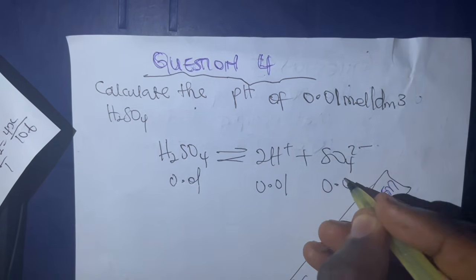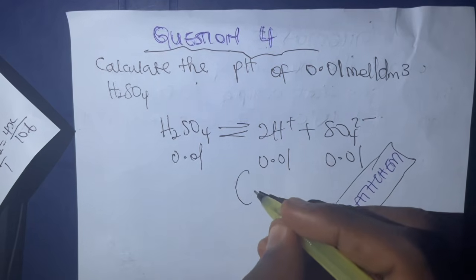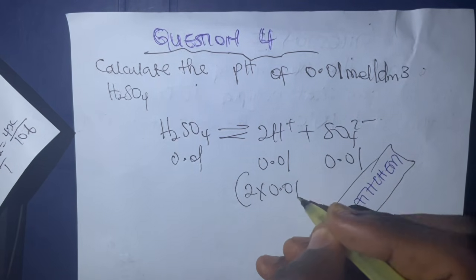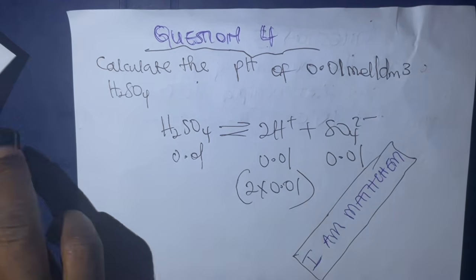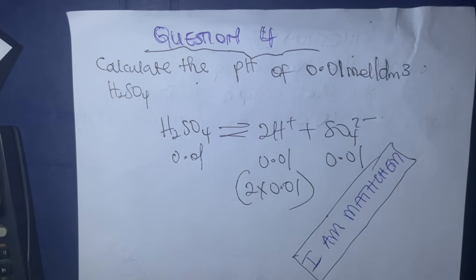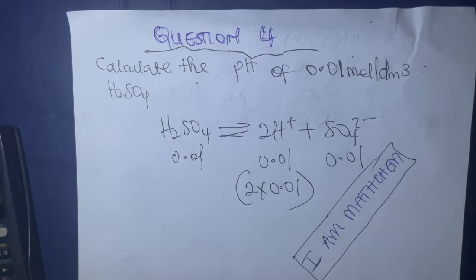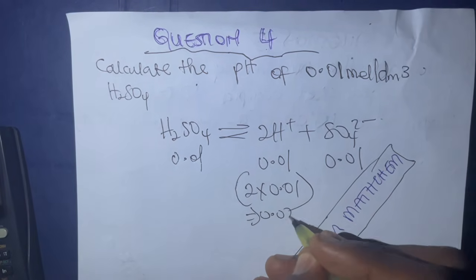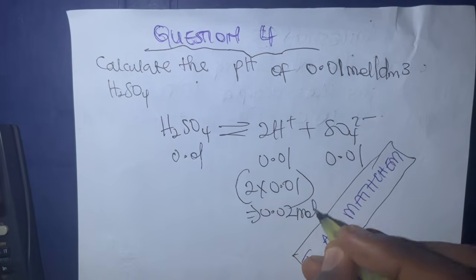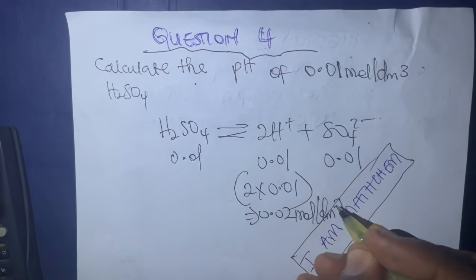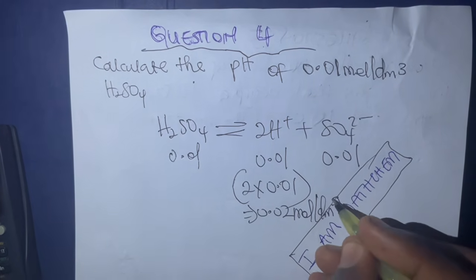So for the hydrogen, it is going to be 2 times 0.01, which is 0.02 mole per dm cube.